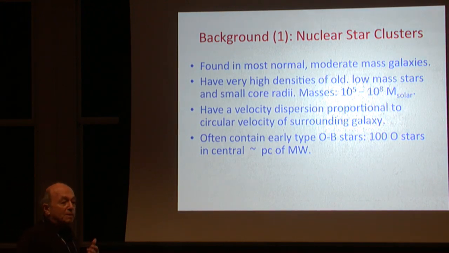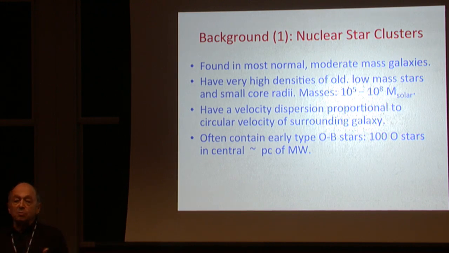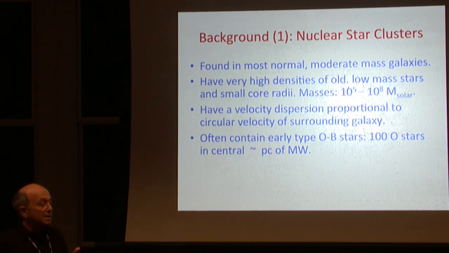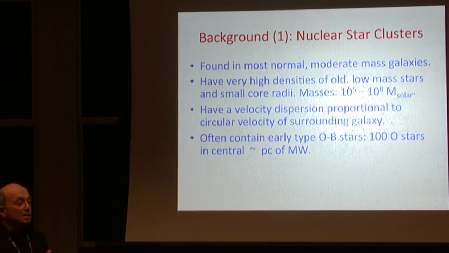There's a paper by Jeremy Goodman, who I think is in the audience, explaining how this will happen, that if you have a disk and it's unstable to fragmentation, you can easily make a very top-heavy mass function. And we see it in lots of nearby galaxies. I don't think it's very anomalous, because otherwise we wouldn't see it in so many galaxies.